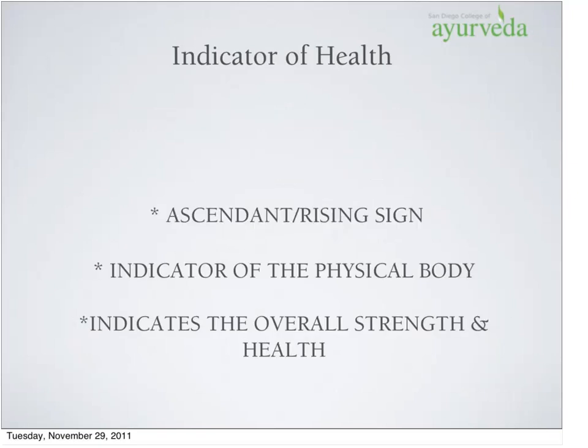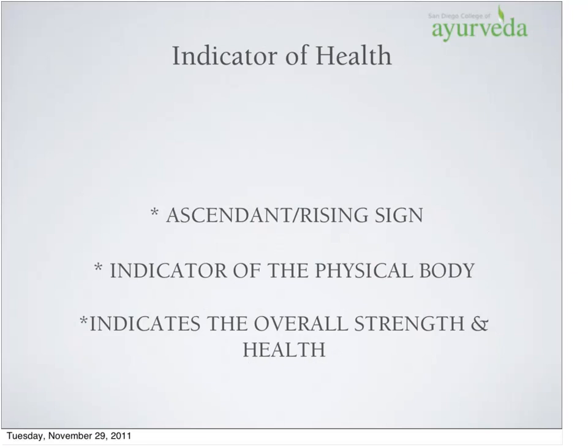So what is the indicator of health? If we're looking at the disease, the indicator of health is always going to be the rising sign. The rising sign or the ascendant is the indicator of this entire physical body. So if it's ruled by Mars, that's going to tell you a lot about that person.